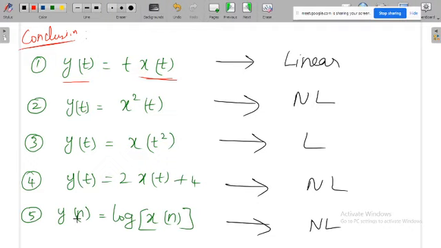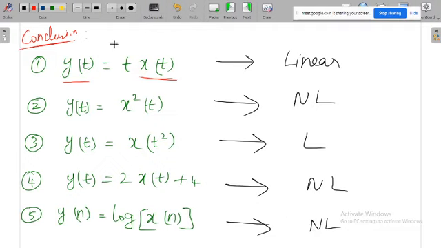Then the next question, y of n is equal to log of x of n. Here the log operation is applied on x of n, the input. Already we know log by nature is a non-linear term, and you are applying it to x of n, so definitely that will make the system non-linear.